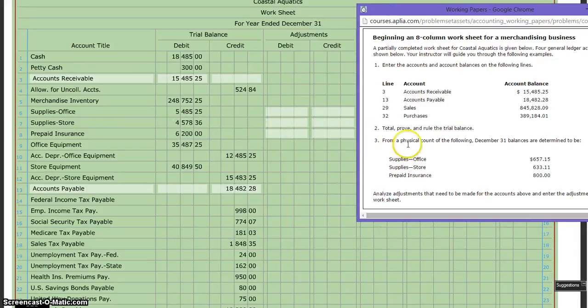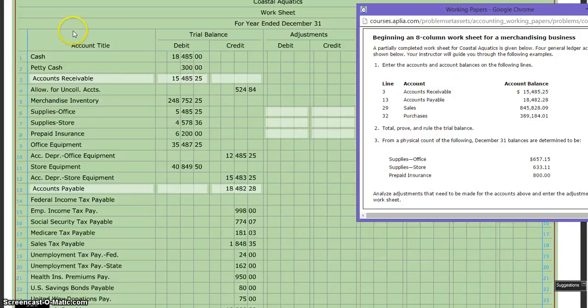So the first thing that we have to find is our supplies-office, and we started with a balance of $5,485.25. When we did a physical count, we had this much remaining. So remember, our adjustment column is to figure out what we actually used during this time period. So we have to take this number here in the trial balance and subtract the number that was remaining from the physical count. And then we have to debit one account and credit another.